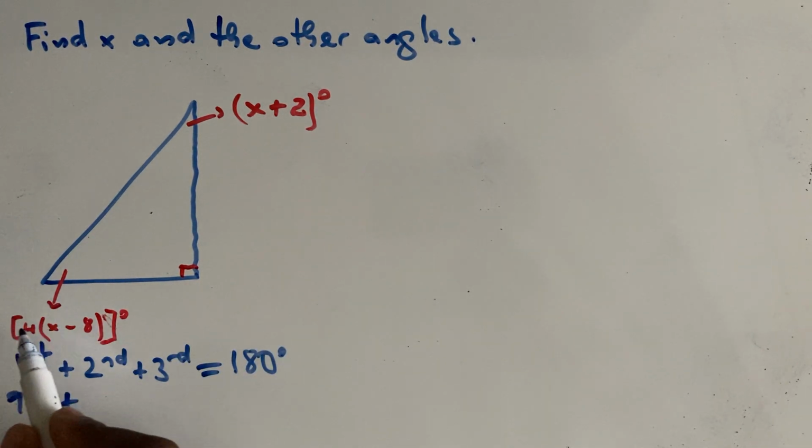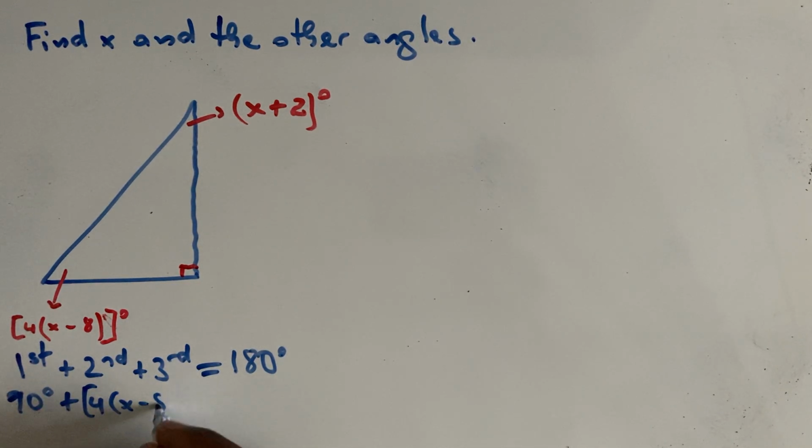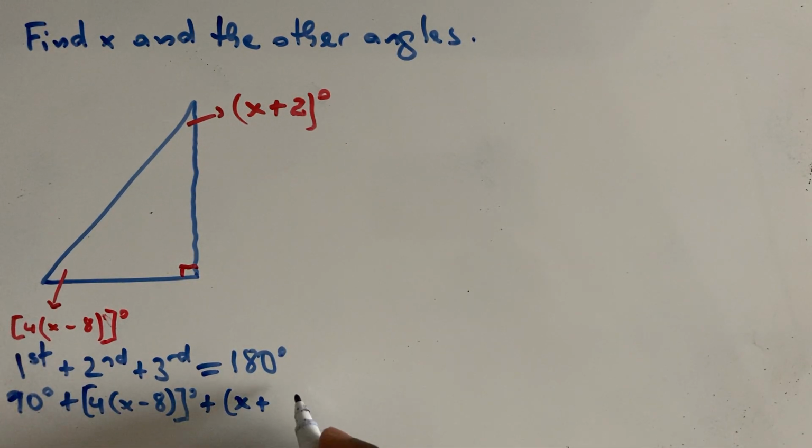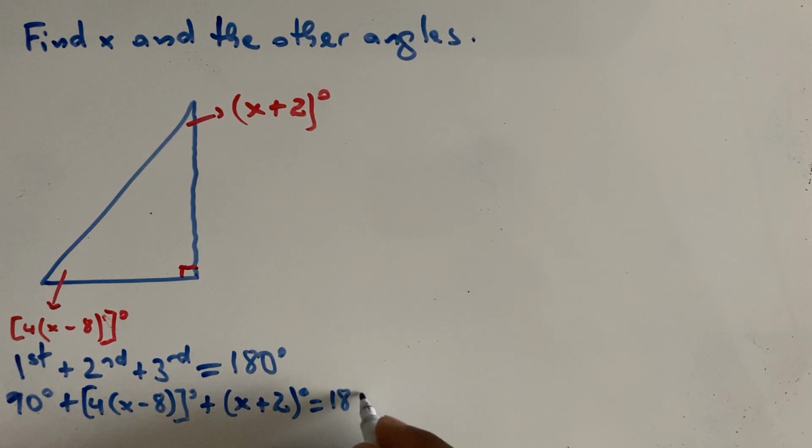Let's call this the second one, so I'll put 4 times x minus 8 degrees. You don't have to put degrees, by the way. Plus the third, so x plus 2, equals 180.